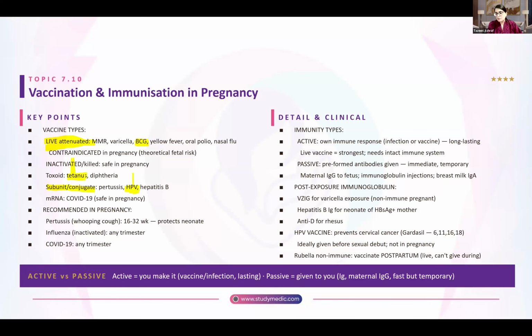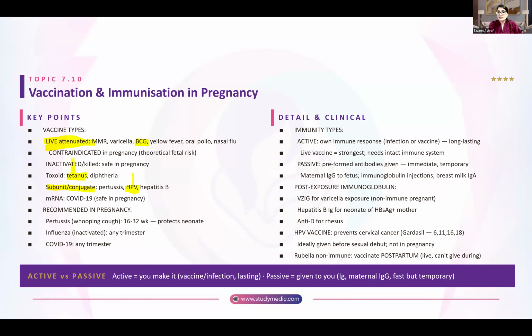This immune response can be due to a previous infection; if there was a previous infection, then immunity has developed. Or it is due to a vaccine, like BCG given at birth to provide immunity. That is immune response due to vaccination, and it is long lasting.